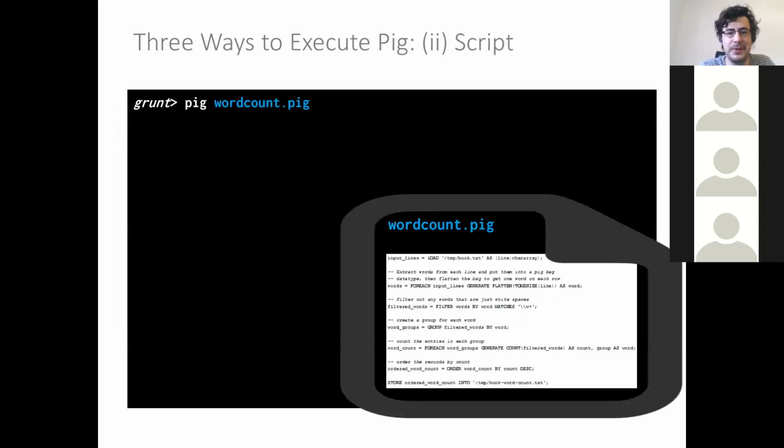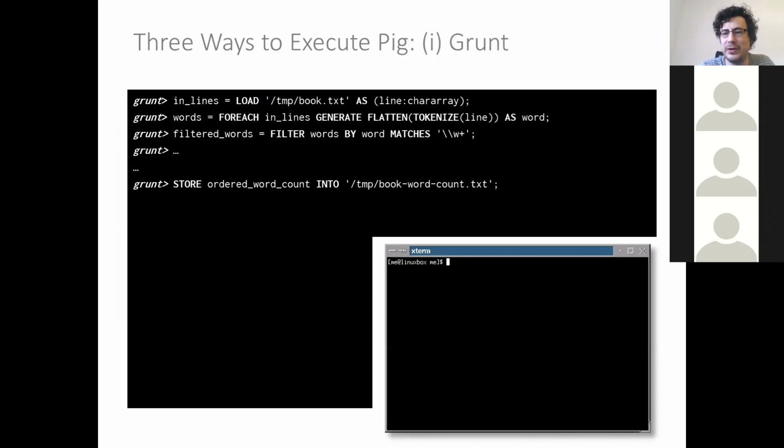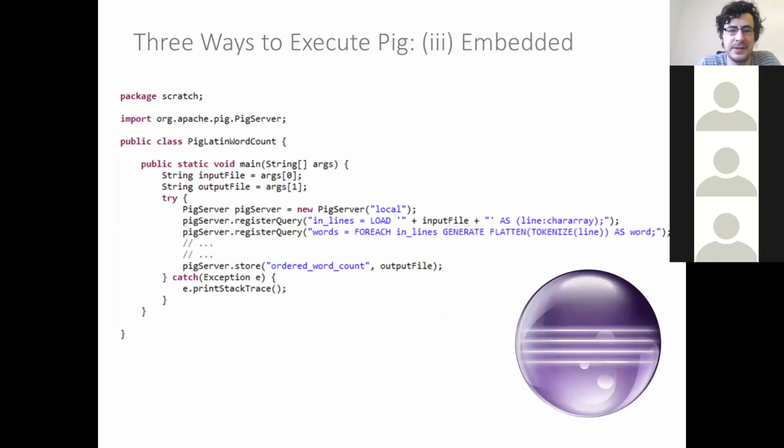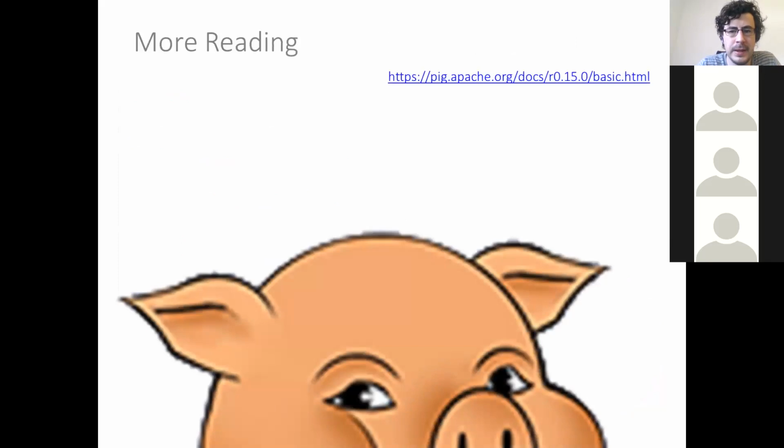But the most typical way would be these two here: grunt for developing your process line by line, testing it and previewing the output, and then a script for just running the final thing over a large file. This would not be typical, but it's possible to do. So that's the overall view of the pig scripting language.